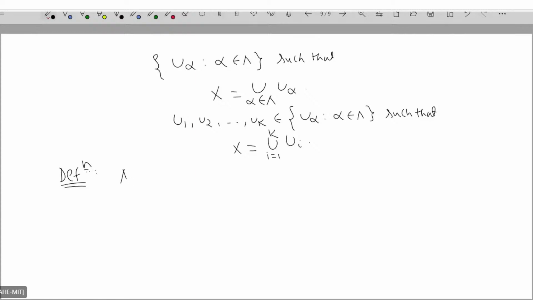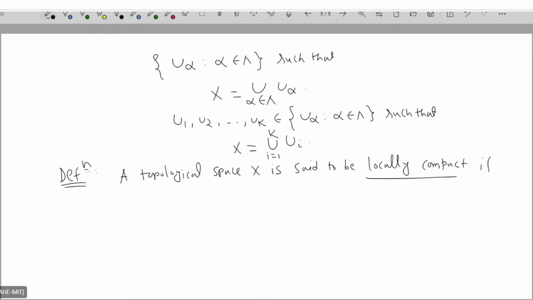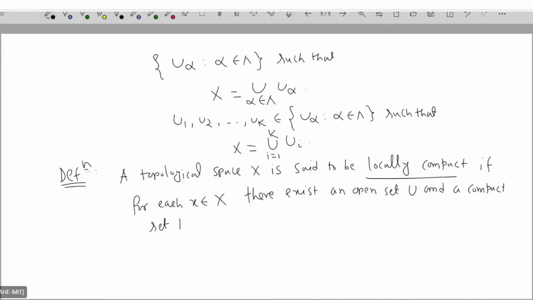A topological space X is said to be locally compact if for each x belonging to X, there exists an open set U and a compact set K such that x belongs to U and U is contained inside K. So that means each point has a neighborhood which is contained inside a compact set.